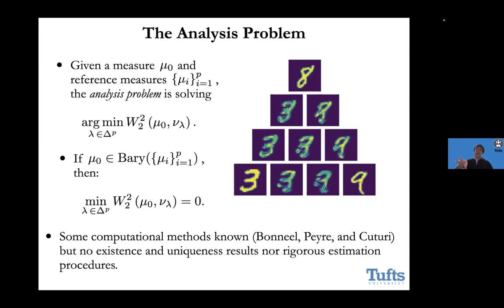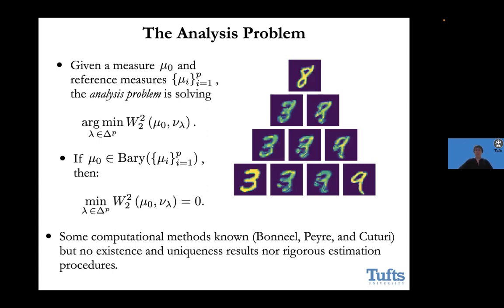If I go back to this picture of the images, the problem now is 3, 8, and 9 on the vertices are known to me. And then I show you one of the interior images, and I want you to tell me the mixing weights. So it's like the inverse problem, going from observations back to coefficients. And this is less well studied.